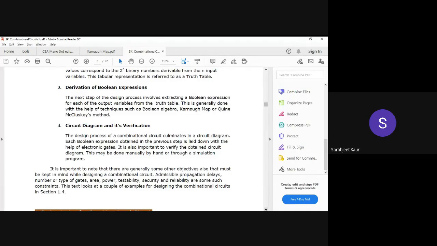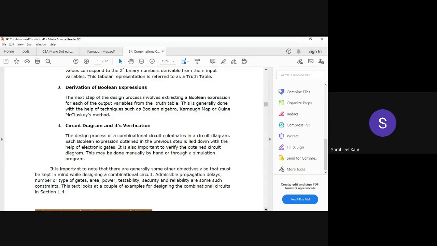So the idea is to draw the circuit diagram and then verify by hand that we've drawn it correctly, and it is giving us the output that it was made to achieve.